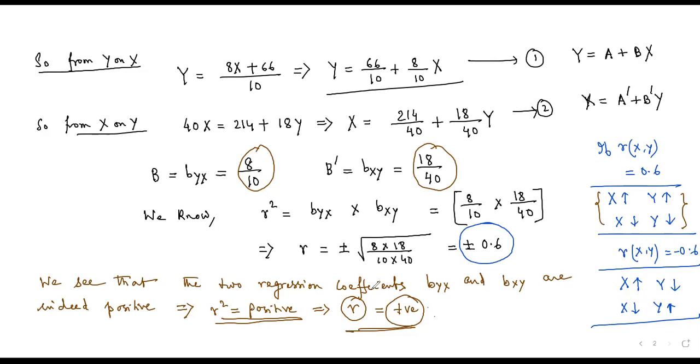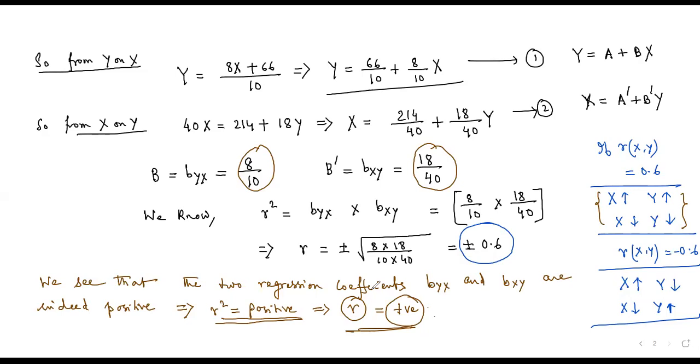The sign that the correlation coefficient carries depends upon the sign carried by the two regression coefficients. If the two regression coefficients are negative, then also the correlation coefficient will be negative. But if one regression coefficient is positive and another is negative, then that is a problem.